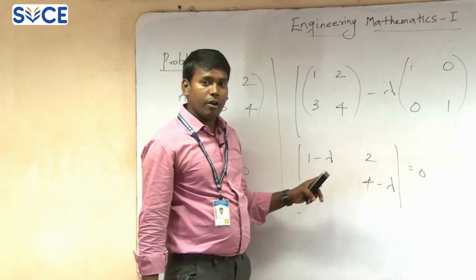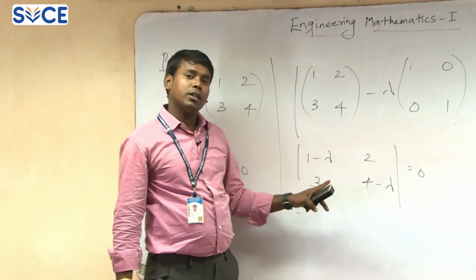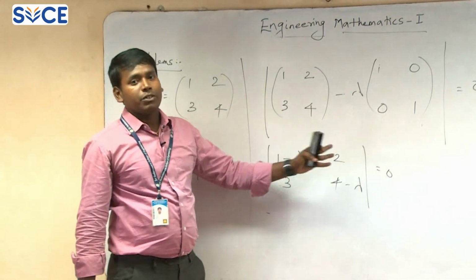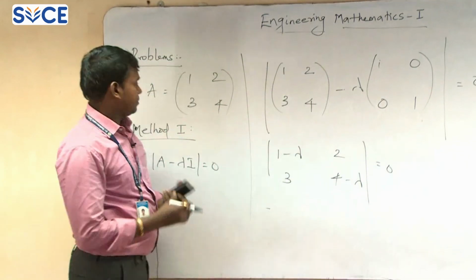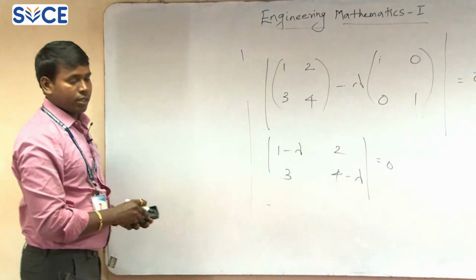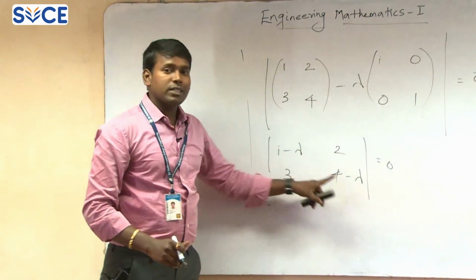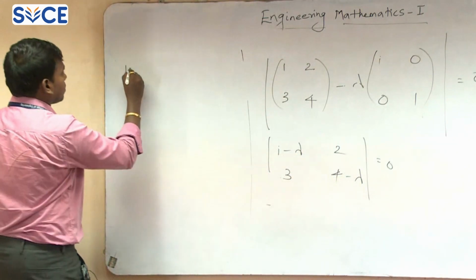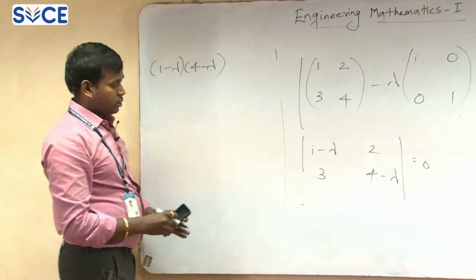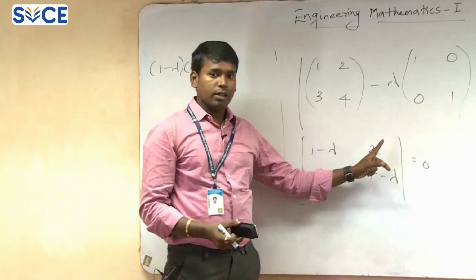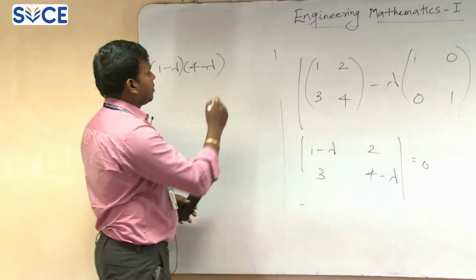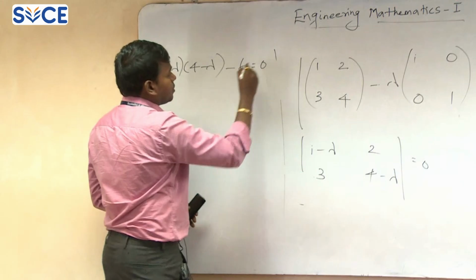That is, first multiply from up to down, then down to up. Whenever we multiply from down to up, we should include the opposite sign. So first up to down, 1 minus lambda into 4 minus lambda. Next down to up, 3 twos are 6, the symbol is plus into plus, plus, so opposite sign, minus 6 equal to 0.